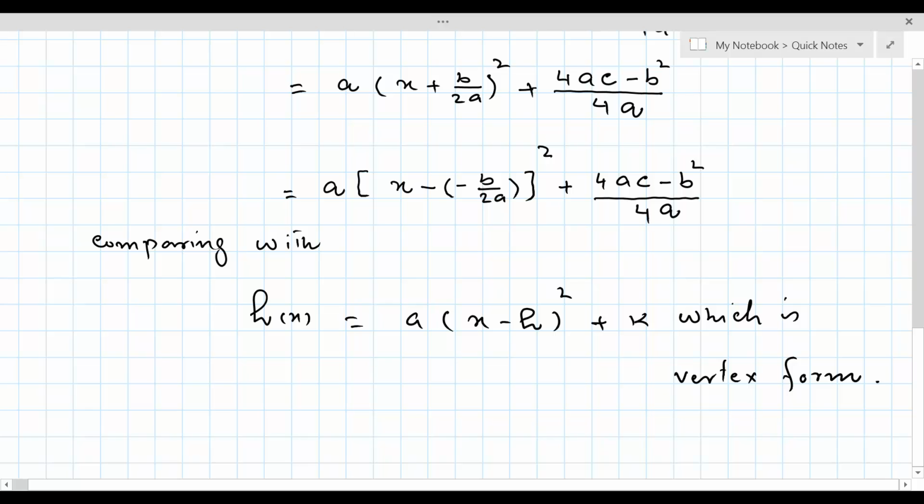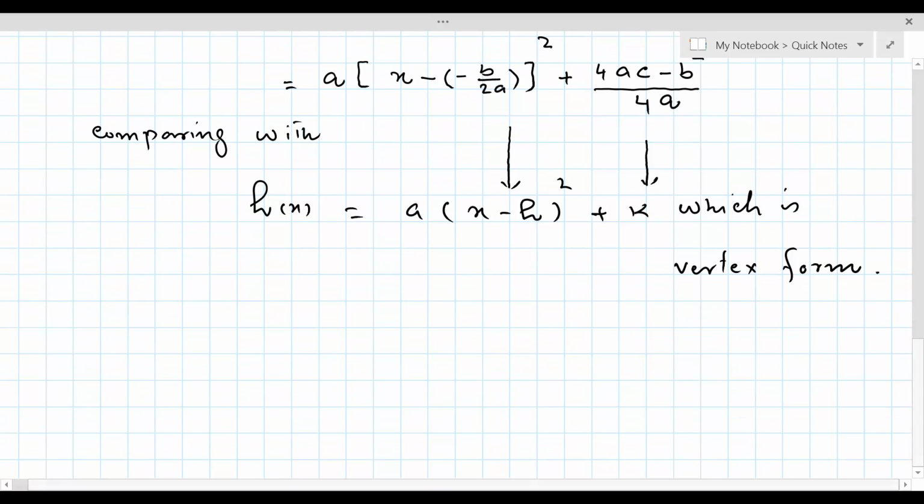And we can see that this takes the value of k, and here whatever minus b over 2a is being replaced by h, and a is comparable to a.